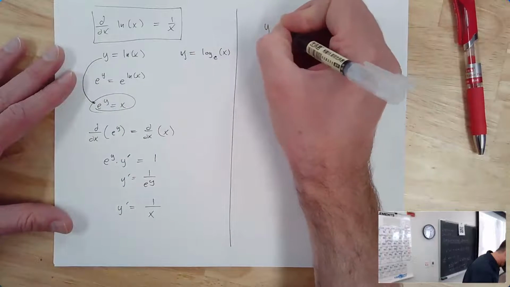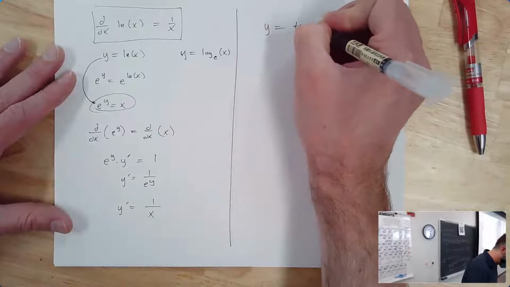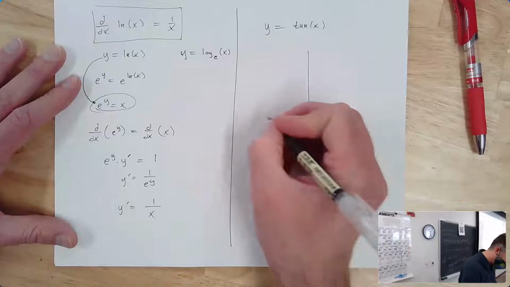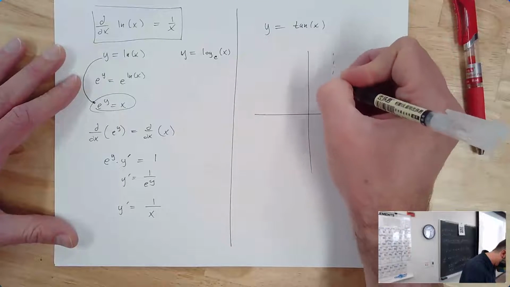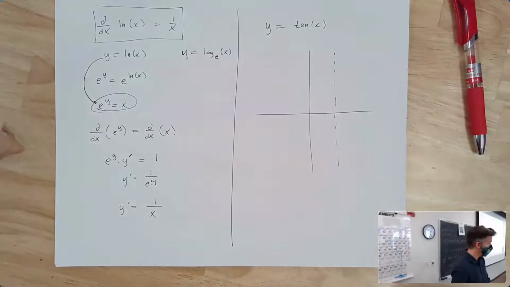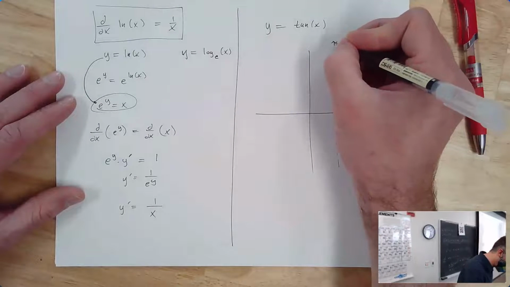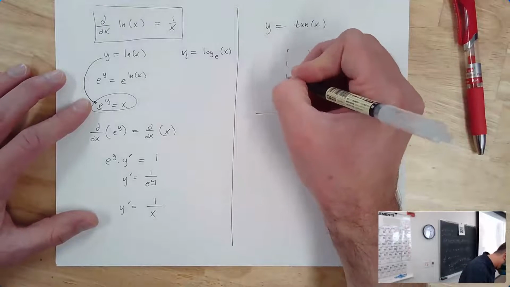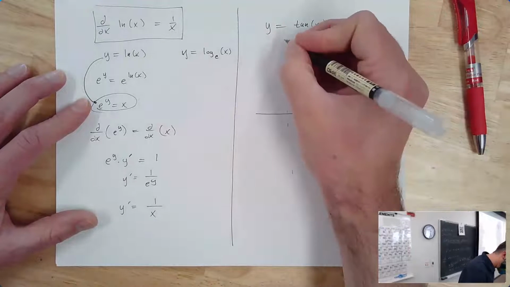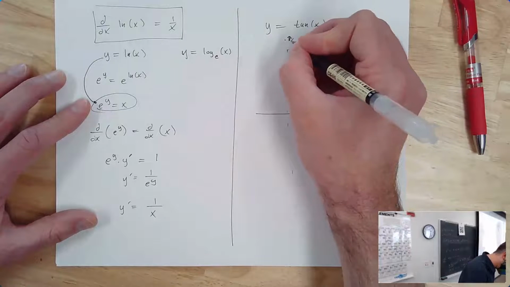So here's what y equal to the tangent of x looks like, if you recall. It's got some vertical asymptotes. It's actually got a lot of vertical asymptotes, right? Like an infinite number of vertical asymptotes, but the ones we look at the most are the ones at pi over 2 and negative pi over 2. And then you do get vertical asymptotes every pi.